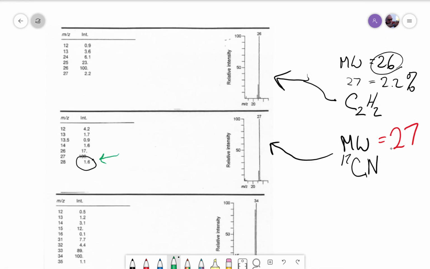That means the C13 peak could be 1.1%, and the N15 peak could be about 0.4%. That peak at 28 could come about from 2 different sources.